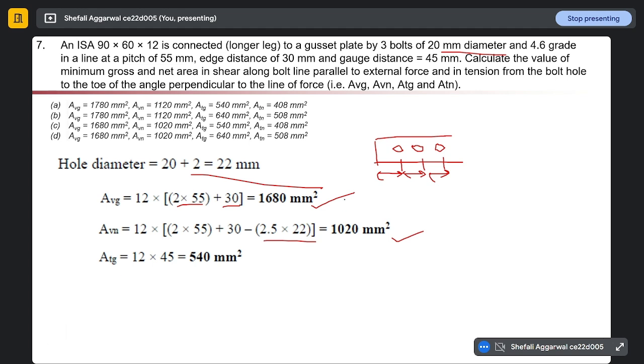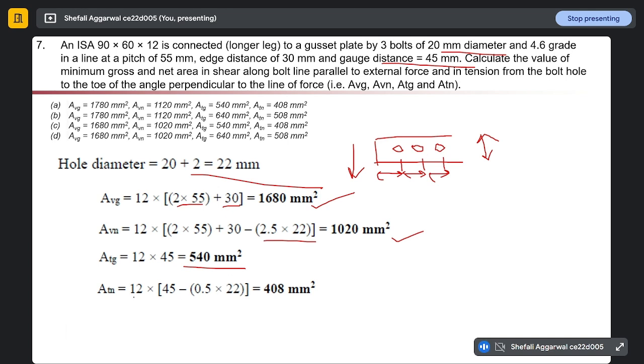Next thing is in this direction, if we have to calculate ATG, we just have the gauge distance in this direction. So it will be thickness into gauge, 540 mm. And then last is the ATN. Again, we will account for the effect of our bolts. In this case we have only one bolt, so that's why we are multiplying by 0.5.